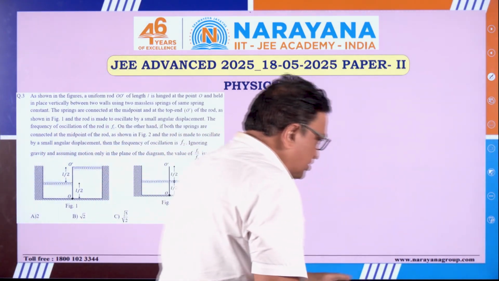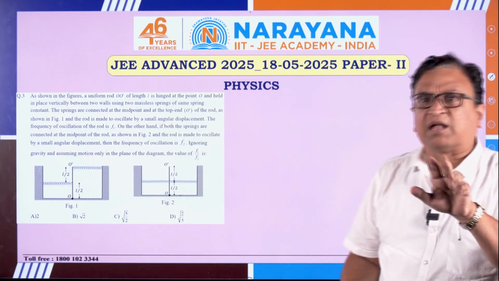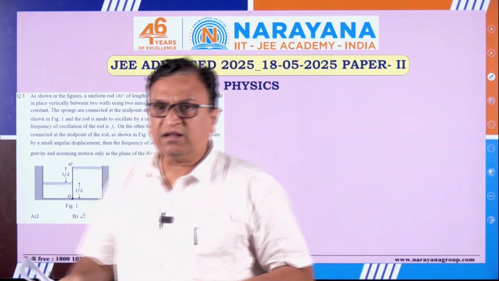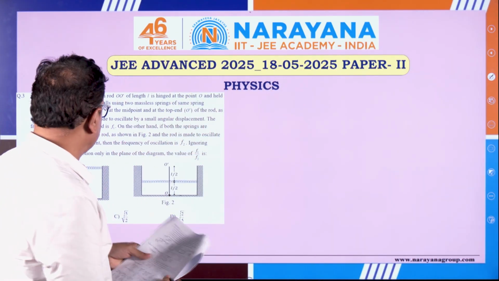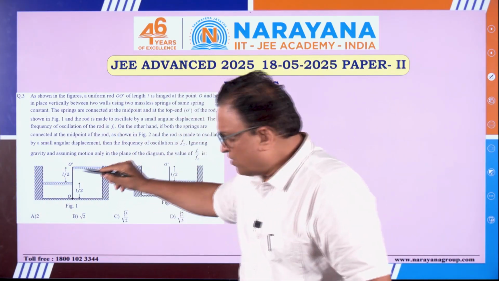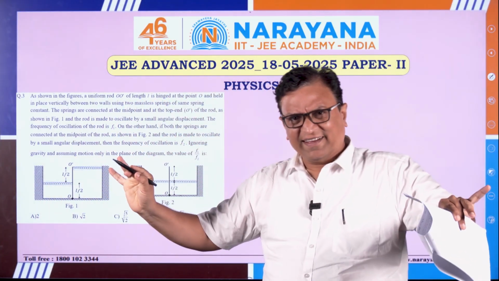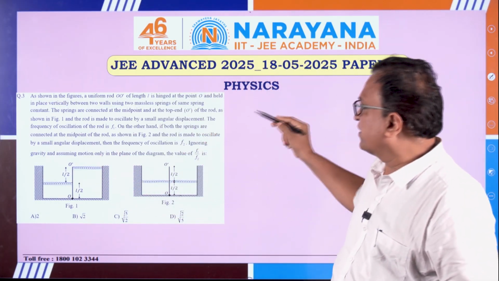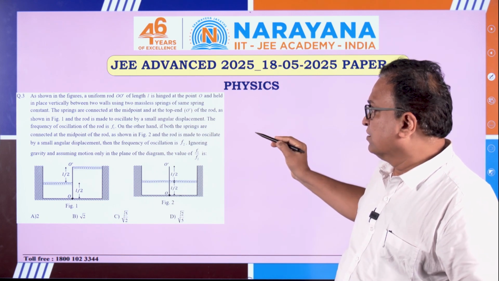This is a question based on simple harmonic motion actually. You can see the arrangement here. In one case, here you have the only difference is configuration. Just a small change in the configuration, and they are asking frequencies.